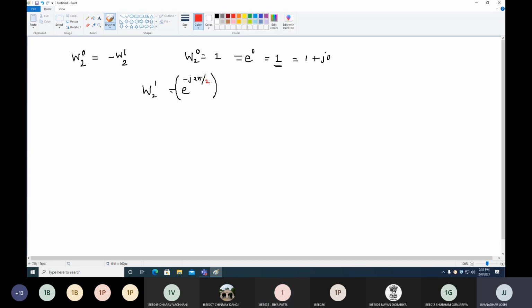Do you agree with me? Say yes or no. Yes, sir. Just be careful about the relation. We have taken Wn equal to e raised to minus j 2 pi by capital N. So n here and n here. If I put e raised to minus j 2 pi by n by 2, this is my W n by 2. So if I put 2 here, I must put 2 here. Do you agree with me? Again say yes or no.